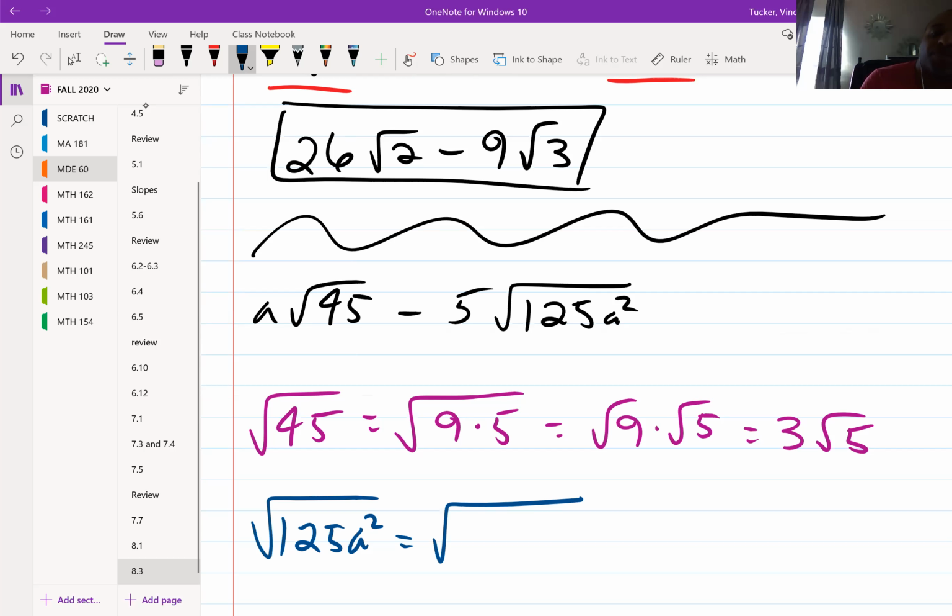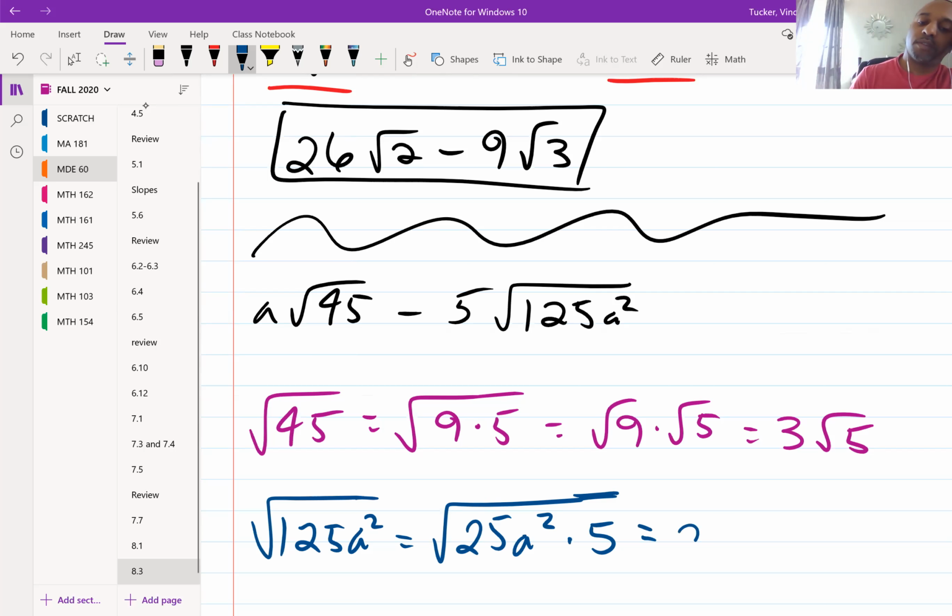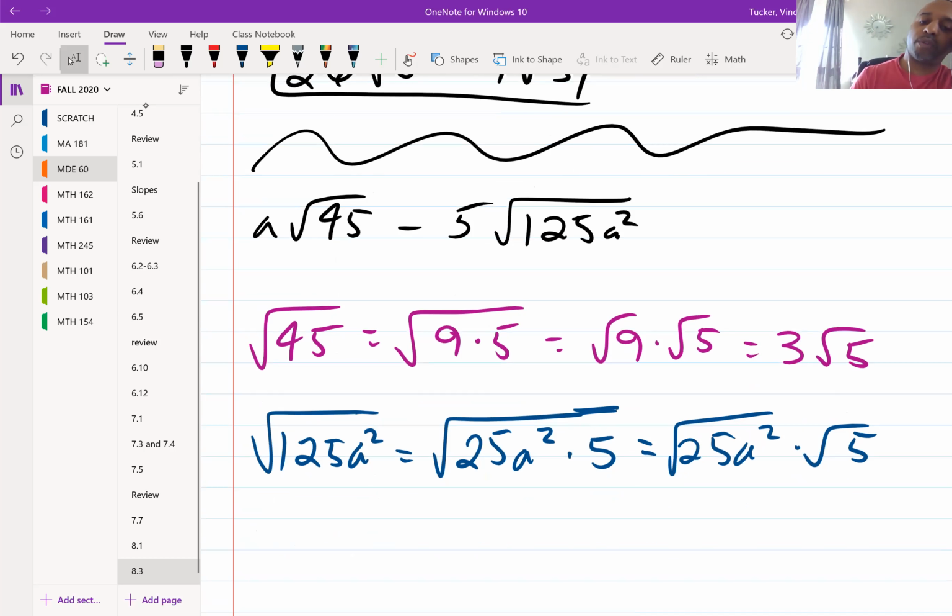So the next one, the 125a squared. We can break that up into 25a squared times 5. 5 times 25 gives me that 125. And I can take the square root of a squared evenly. Square root of 25a squared is 5a.